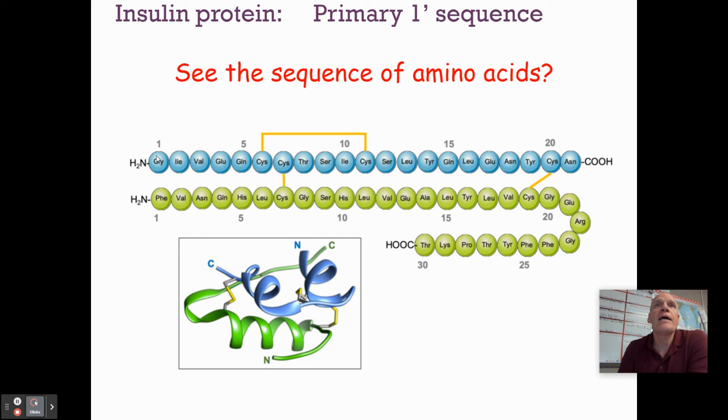And the sequence of amino acids is important because the amino acids are going to interact with each other. The variable R groups are going to interact with each other and with the environment, and it's going to cause that protein to fold in this particular shape. We'll talk about this in a second. This is an alpha helix. Here's another alpha helix, and these are just straight runs of protein. It's going to form in a very specific shape.